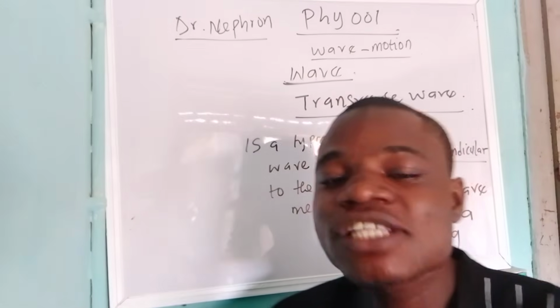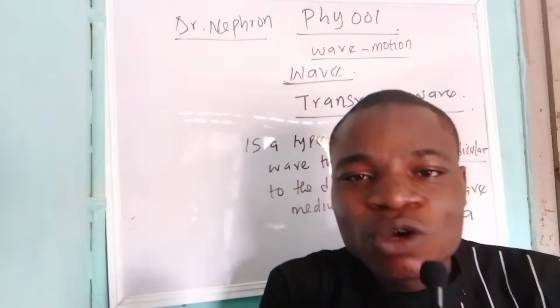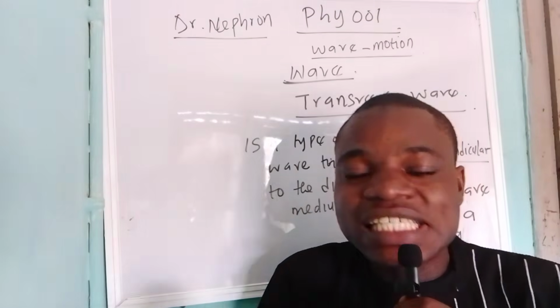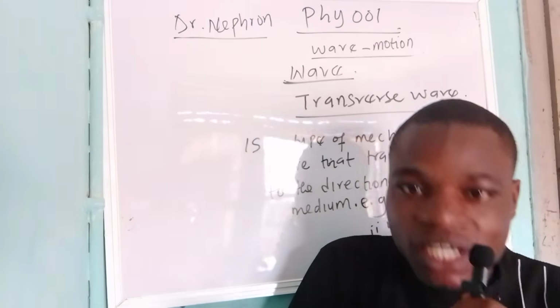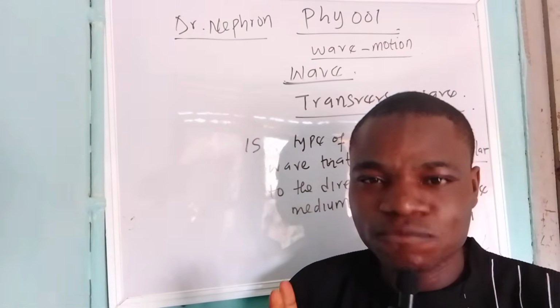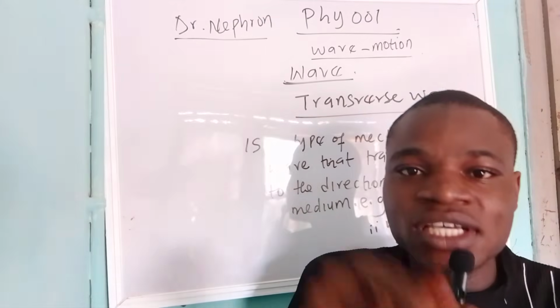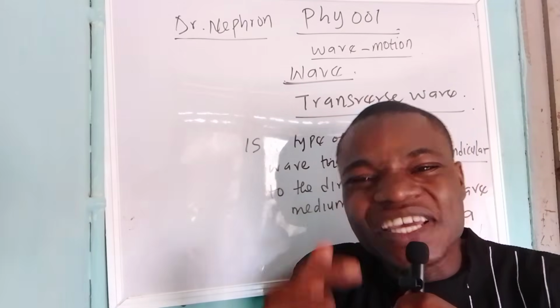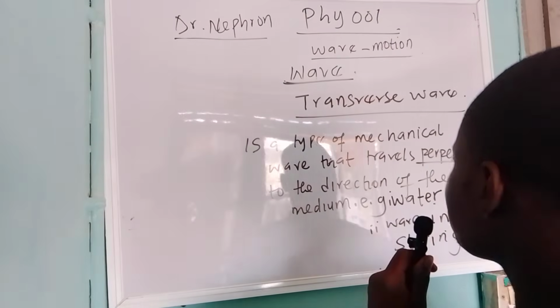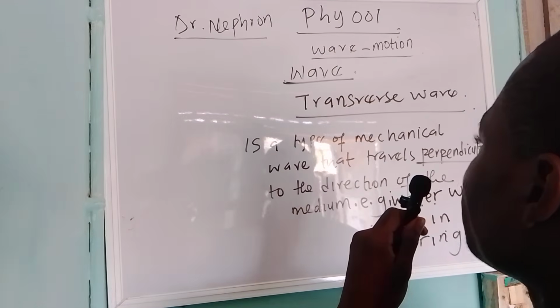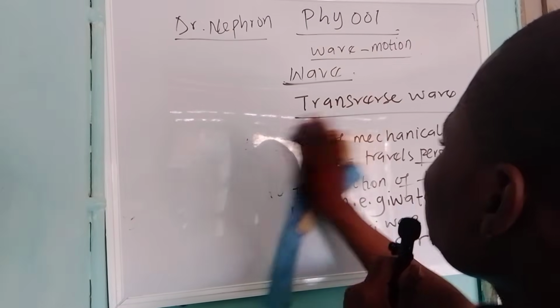Don't forget that a wave in a spring is longitudinal, while a wave in a string is transverse. Do you get what I'm saying now? Having known the type of transverse wave, what are the properties?